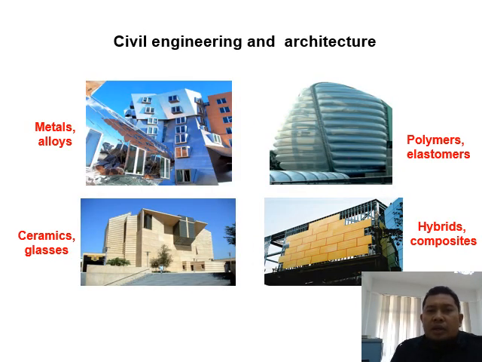Okay, then you have civil engineering and architecture. Of course, different universes of material can be used in different structures. Of course, in architecture, it's not just about the aesthetic.